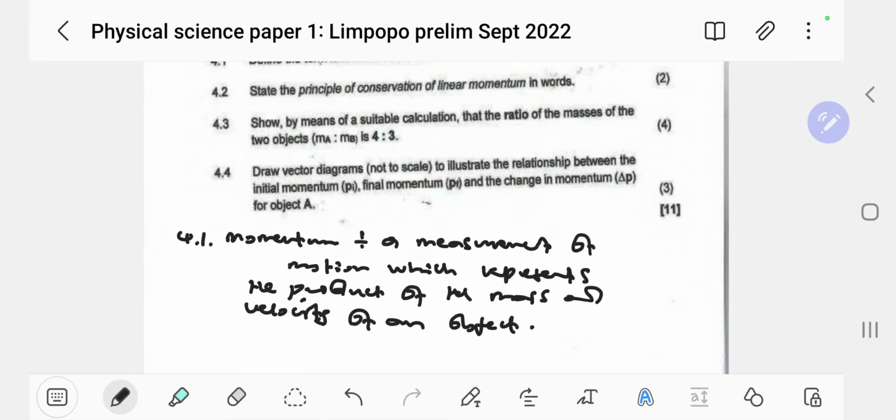So momentum is a measurement of motion which represents the product of the mass and velocity of an object. It's as simple as that. You don't want to complicate that.